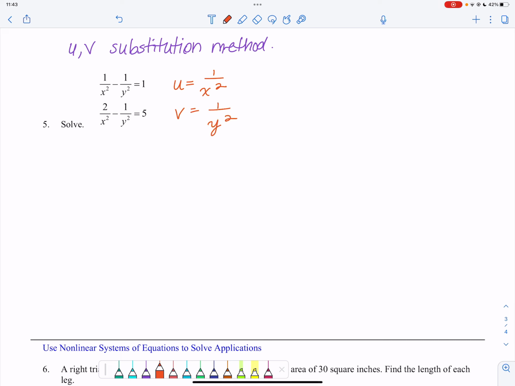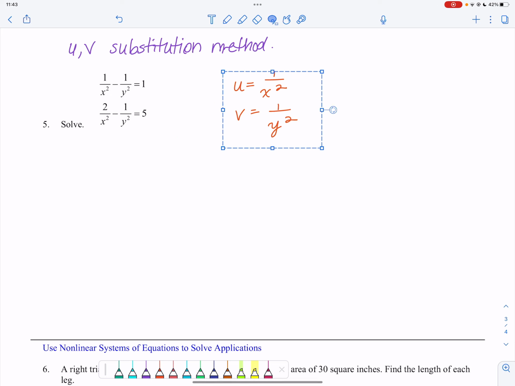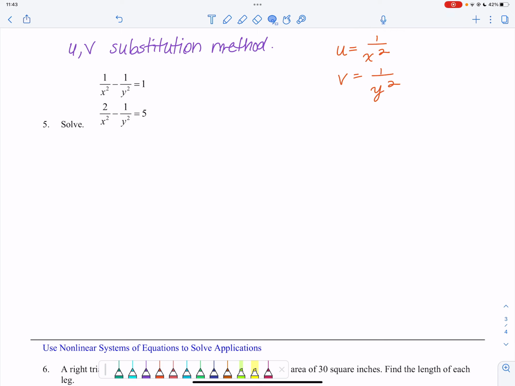And if we do that, we will now have, and let's look closely, u minus v equals 1.